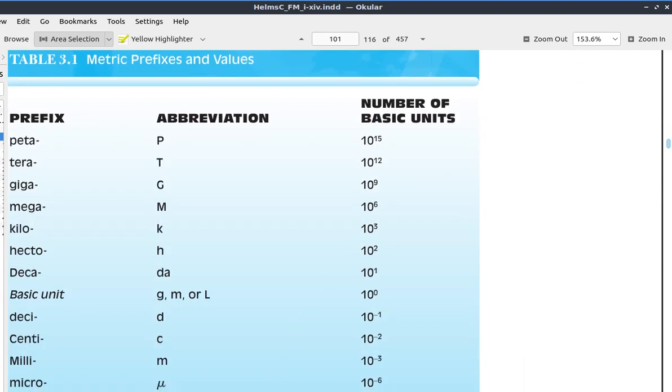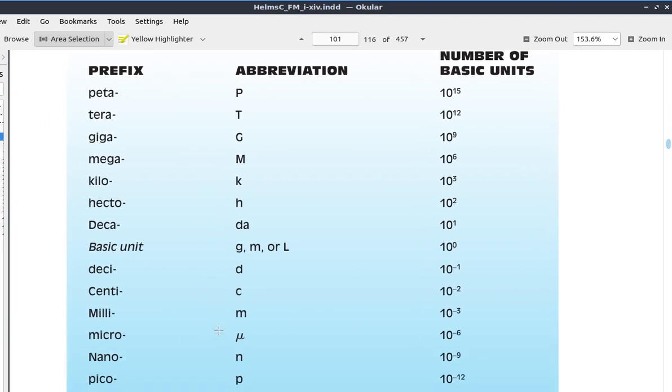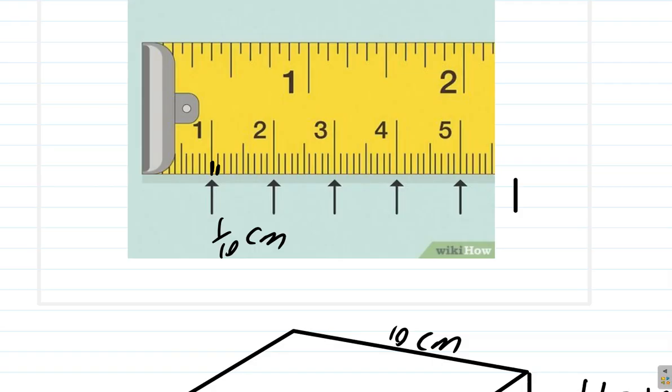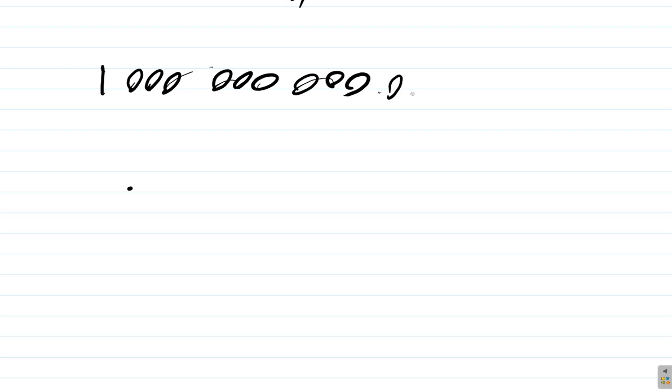Now you have the prefixes here. Peta means 10 to the 15. 10 to the 15 is 1 and 15 zeros. Peta means 1 and 1, 2, 3, 4, 5, 6, 7, 8, 9, 10, 11, 12, 13, 14, 15.